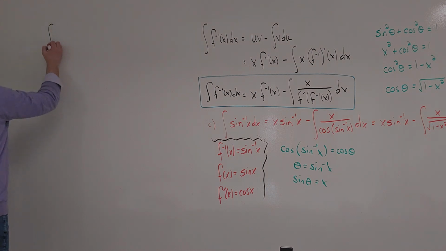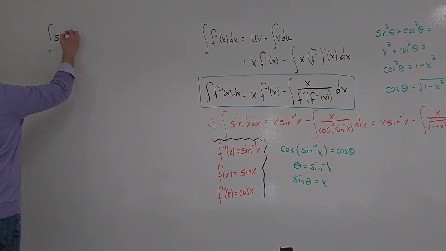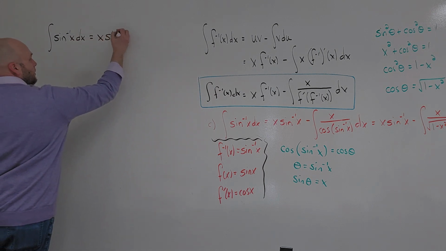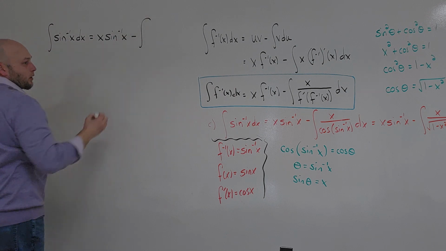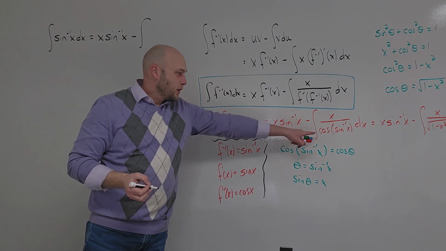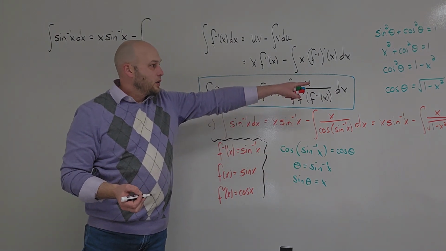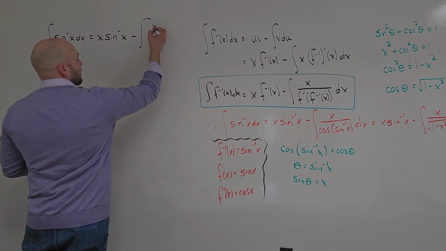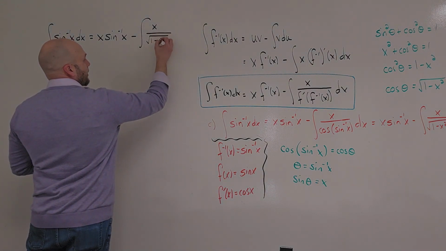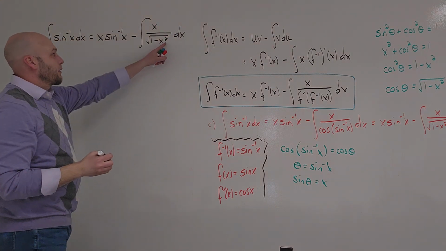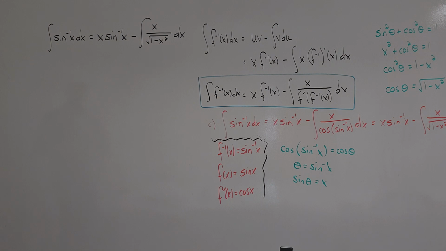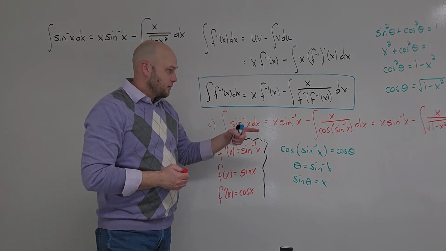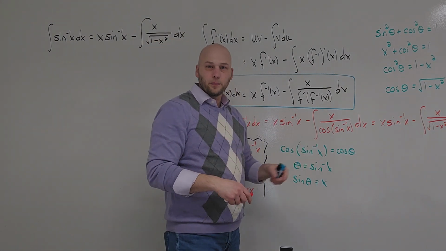So far I've got this: the integral of sine inverse of x dx is equal to x sine inverse of x minus the integral, and when I changed the cosine of sine inverse using the Pythagorean identity, I get x over the square root of 1 minus x squared dx. This is the part that I couldn't tell if it was off screen or not. Well, this is a much simpler integral than what we started with, and it certainly looks a lot better, even though they're equivalent.